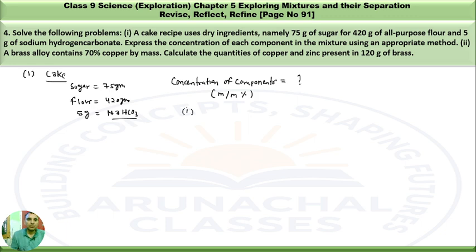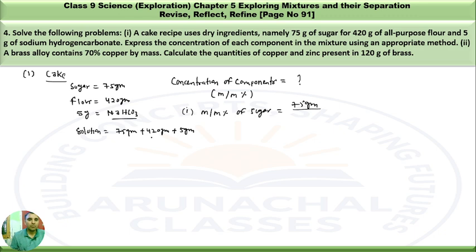So the first one is mass by mass percentage of sugar. So mass of sugar is 75 gram divided by mass of solution. Solution means complete mixture, it is 75 gram plus 420 gram plus 5 gram.